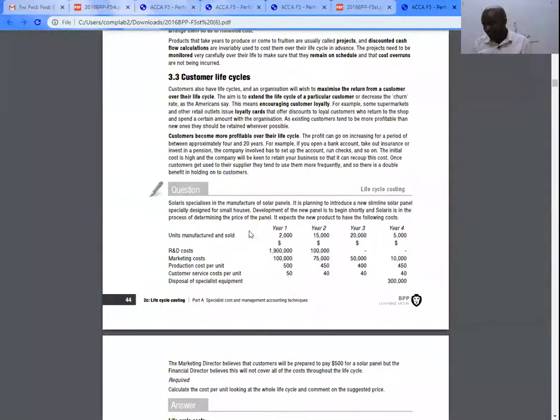The quantity sold is very important for me. Why? Because whenever I'm given a cost on a per unit basis, I must always take that cost per unit, and then I multiply it with the number of units to be produced.